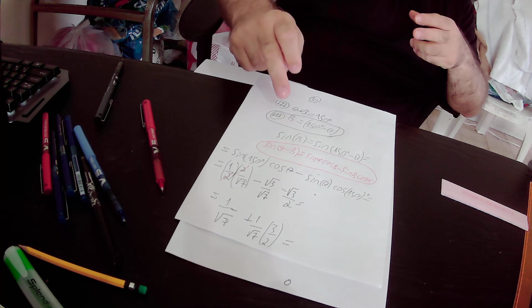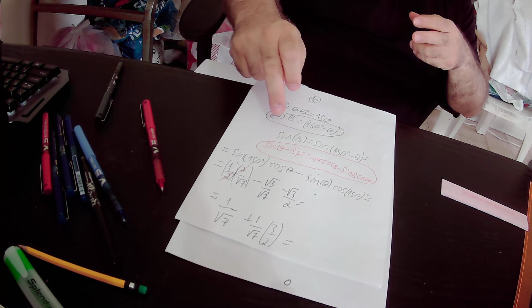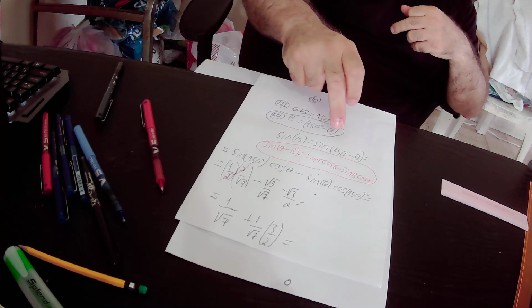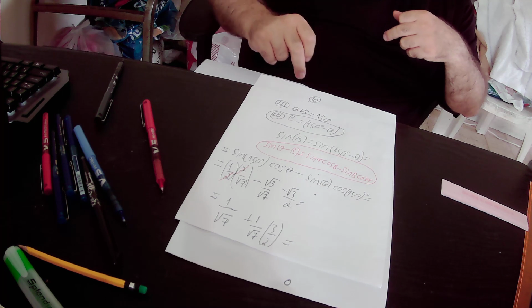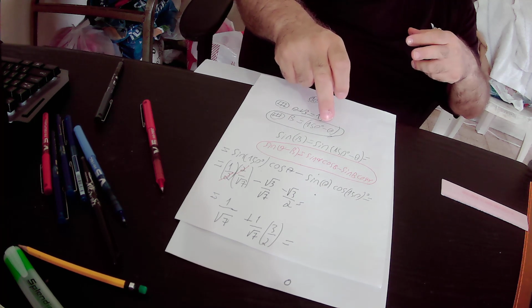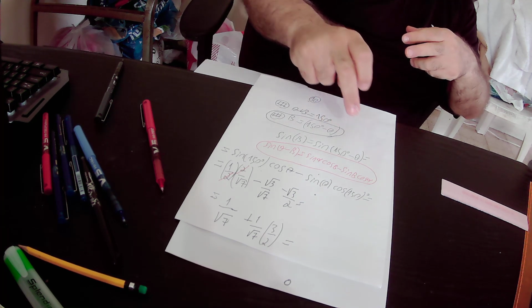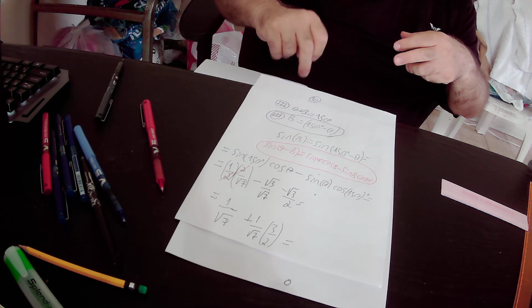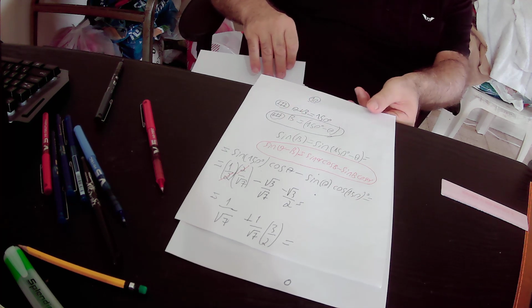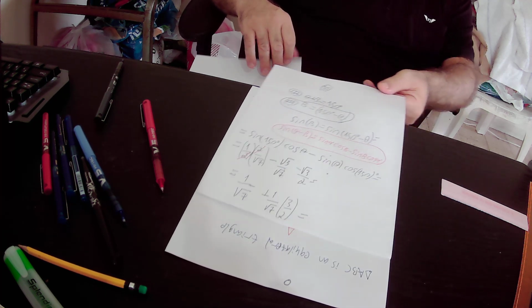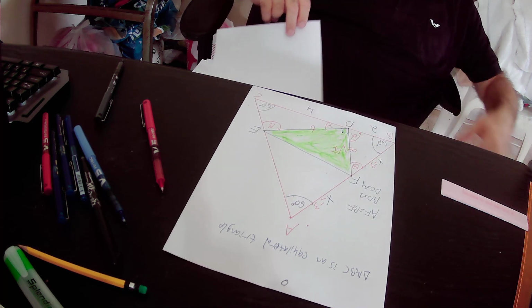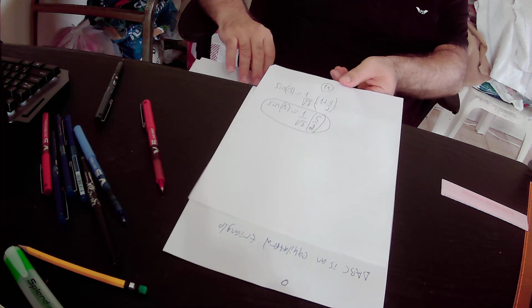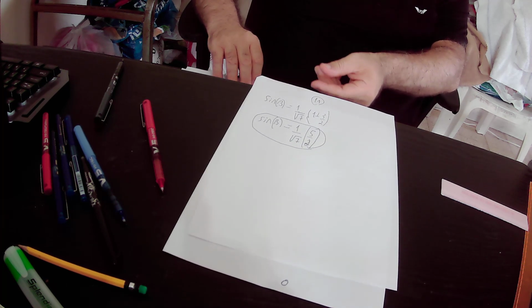We use this identity to find the value of sine of 150 degrees minus theta, which equals sine beta. So we found that the value of sine beta is 5 over root 7 times 2.